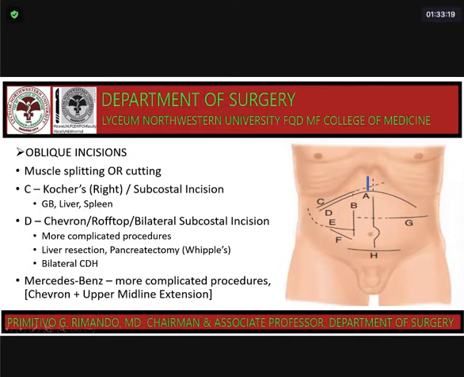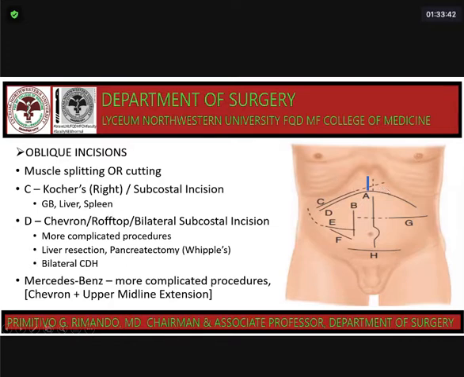Letter C is called your Kocher's. If you make the incision to the left side, that is no longer Kocher's; we call that a subcostal incision. Letter C is a subcostal incision to the right, and it has an eponym, Dr. Kocher.